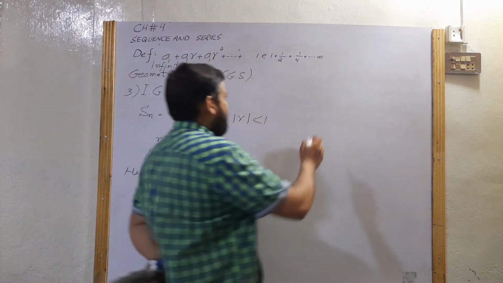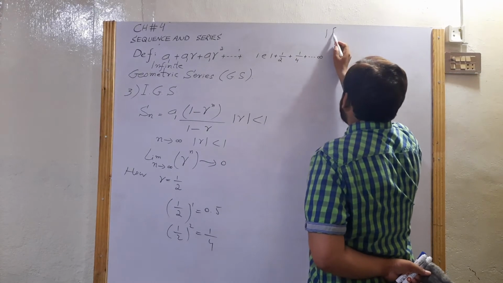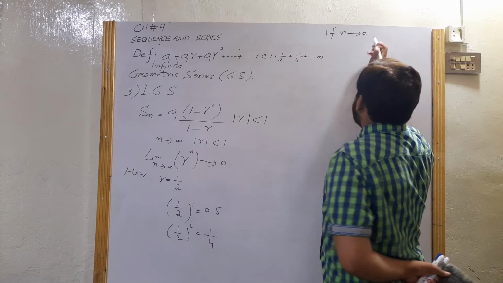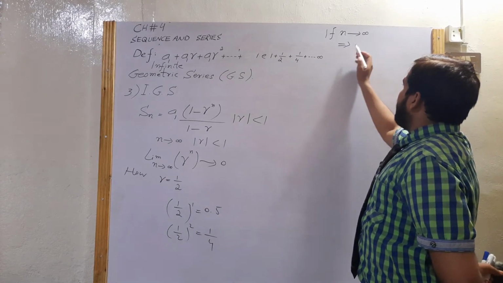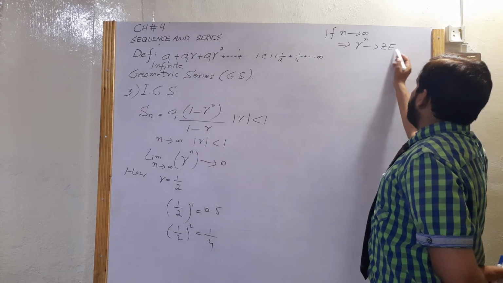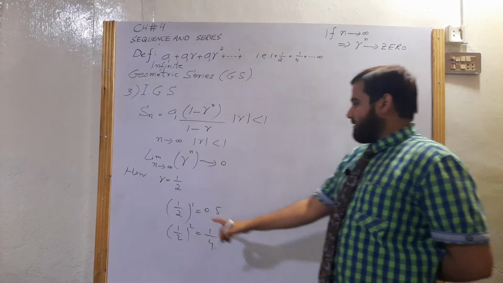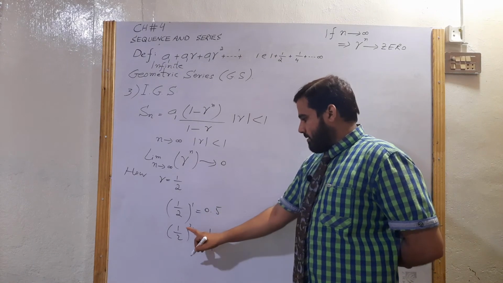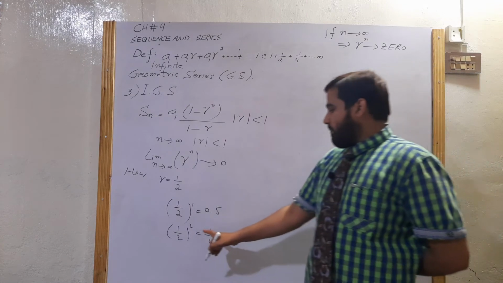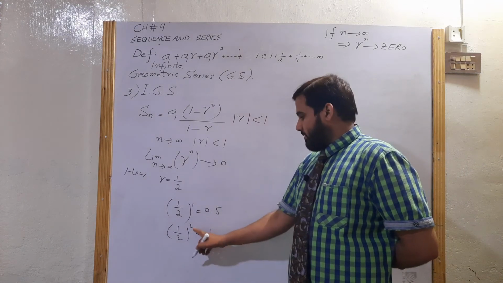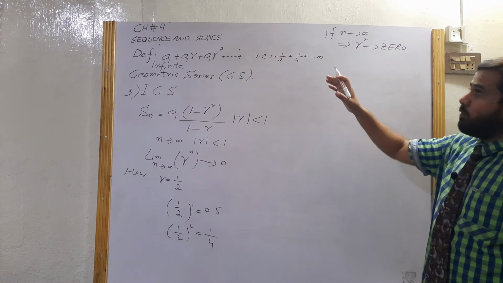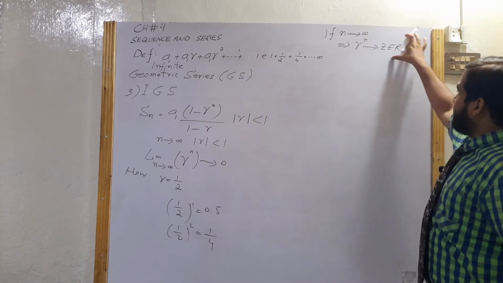It means that if n approaches the largest value, infinity, then r raised to power n approaches 0, it is very small. It means that if r is a small value and the power is large, the result approaches 0.